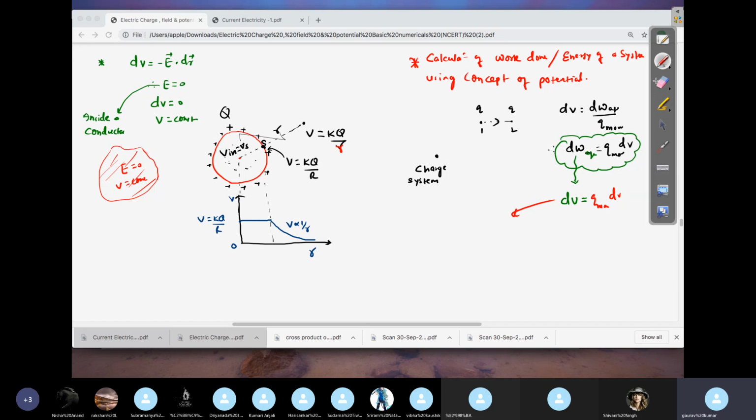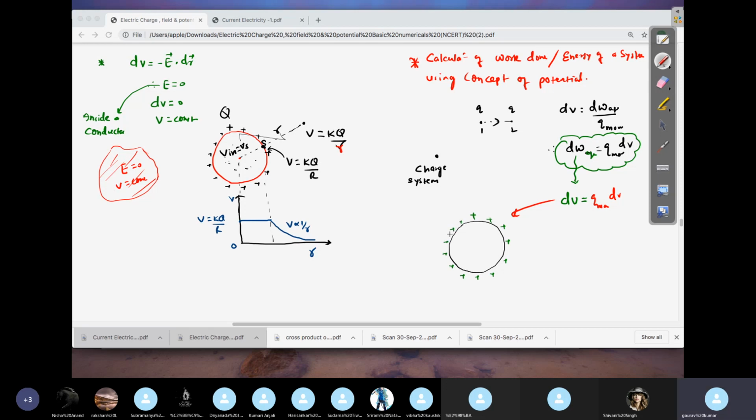Let's say we have a spherical shell of charge. You have given charge like this, plus everywhere.